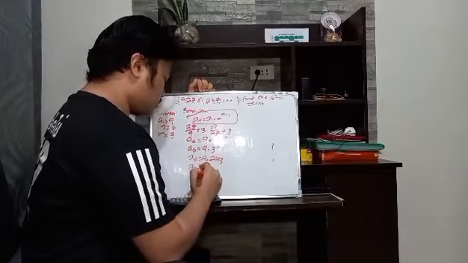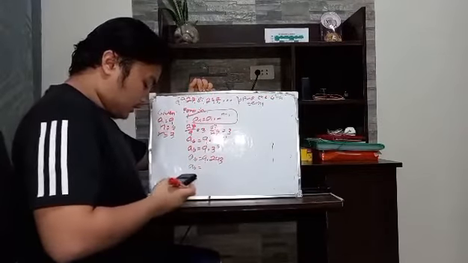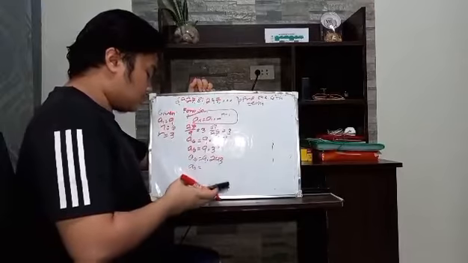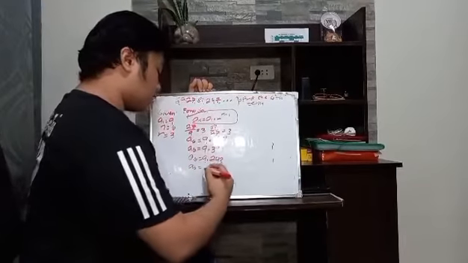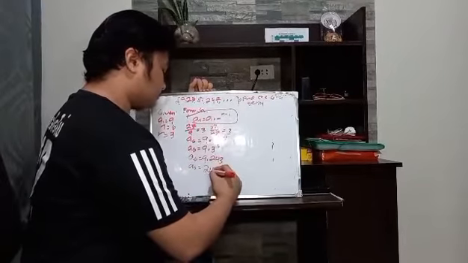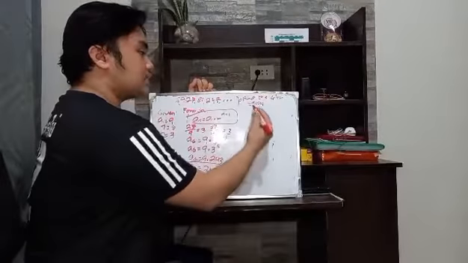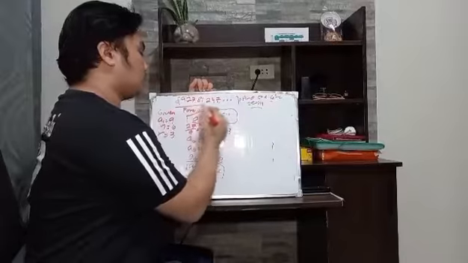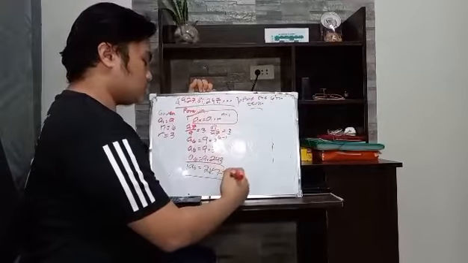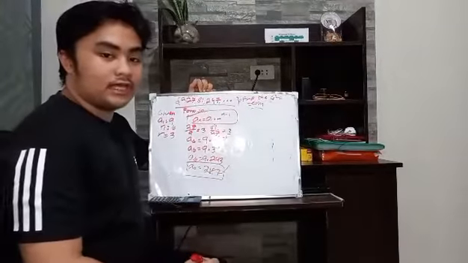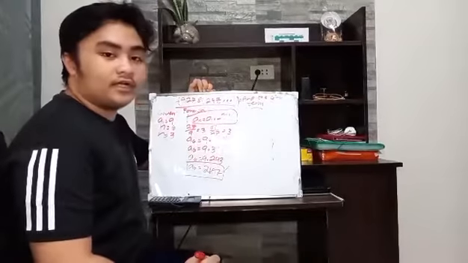So 9 times 243 is 2,187. Therefore, the sixth term of this geometric sequence is 2,187.